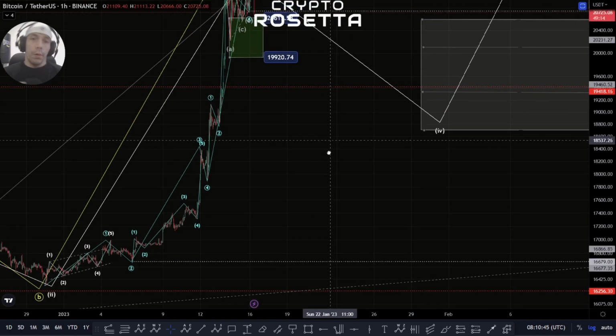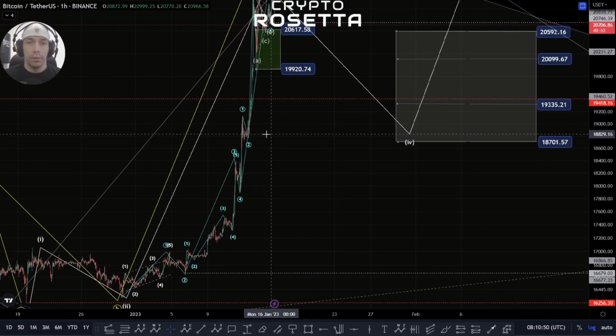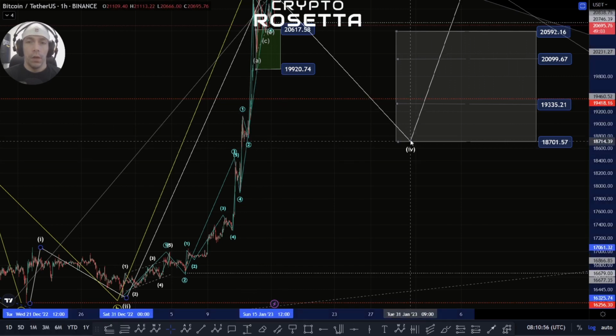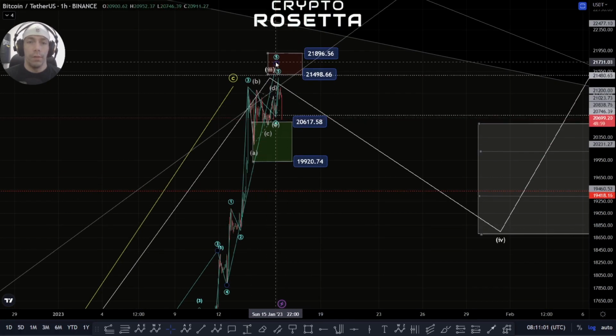If we do, however, have a regular type of fourth wave where we come down to these levels, an interesting zone would actually be this 50%, especially if we do so in a zigzag, because that also would tie in with this previous wave 2 if we were looking at this as an extended wave 5 within this wave 3.